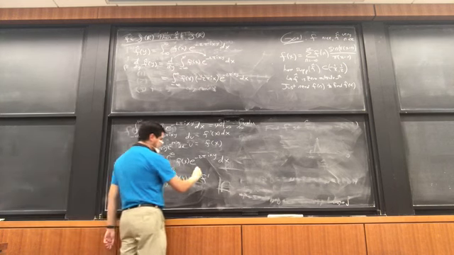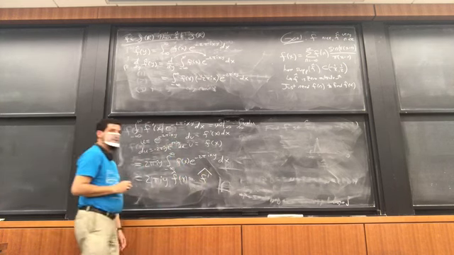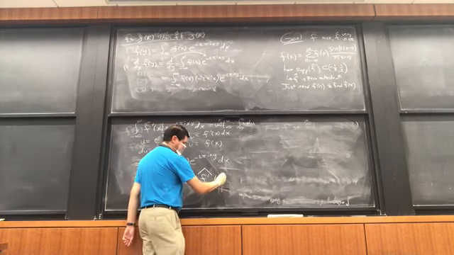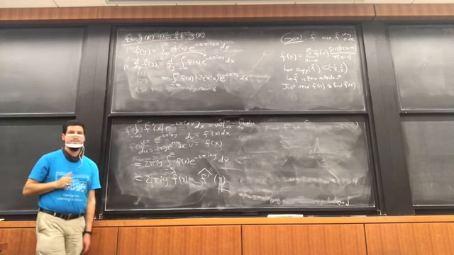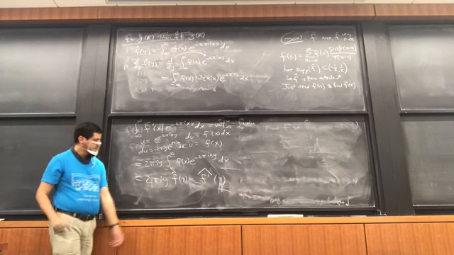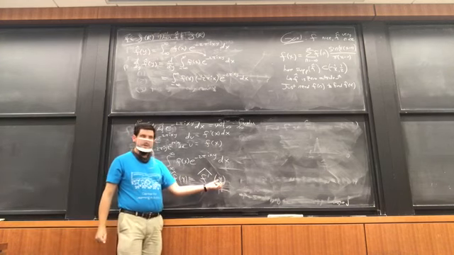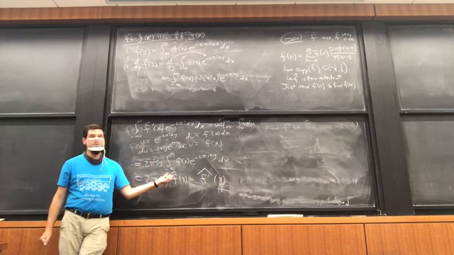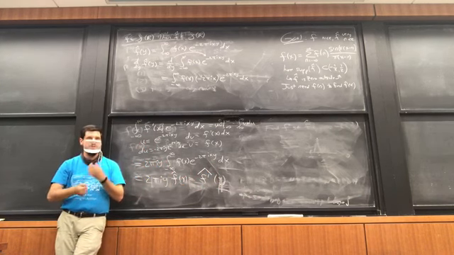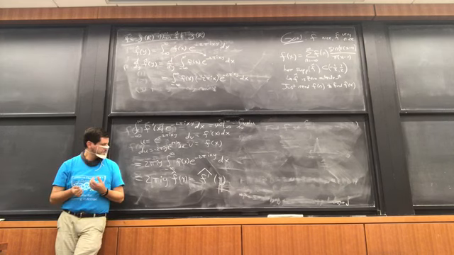And this is just going to be the Fourier transform of the function f prime evaluated at y. So we see the Fourier transform of the derivative has a really nice relation to the Fourier transform of the function. And we see this interplay between differentiation and multiplication.